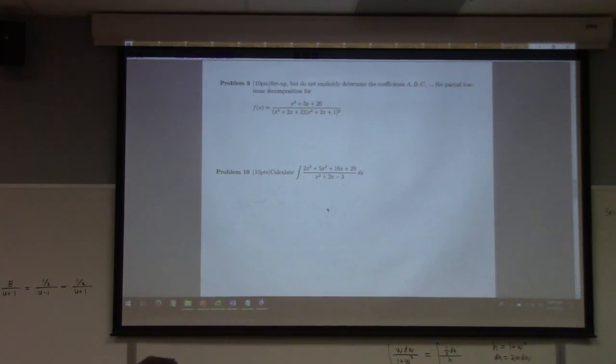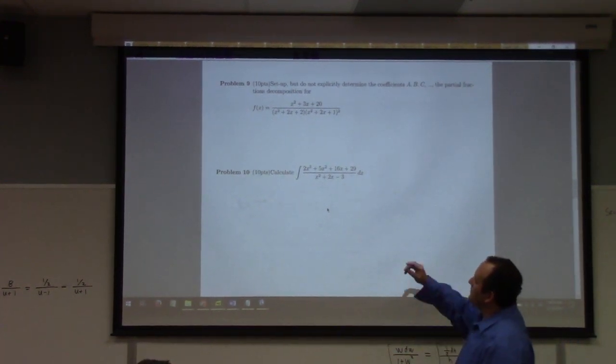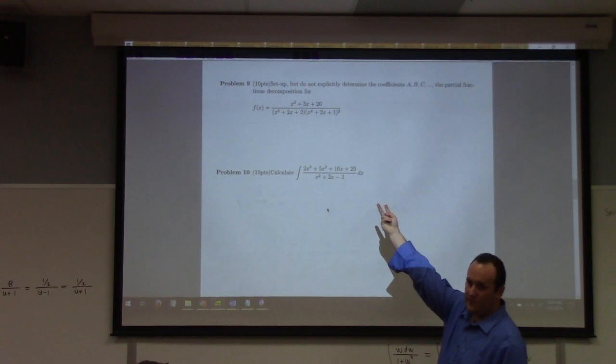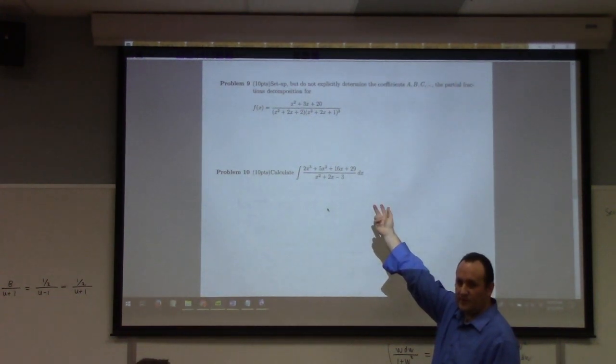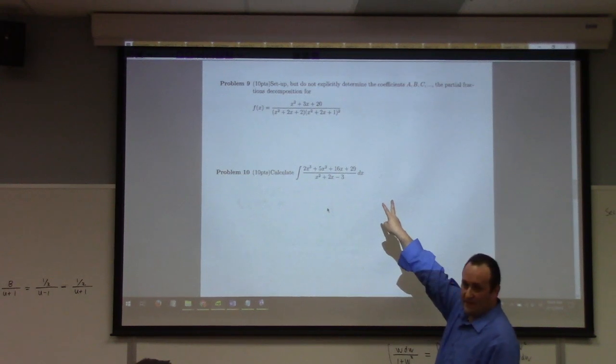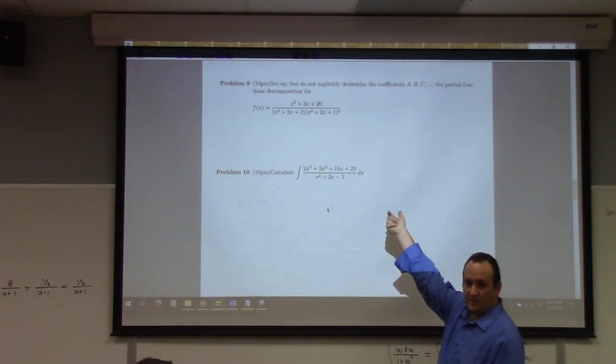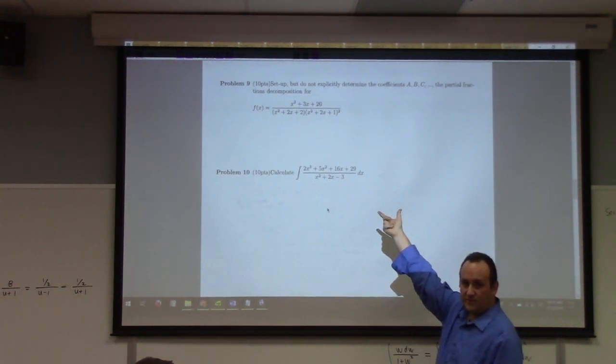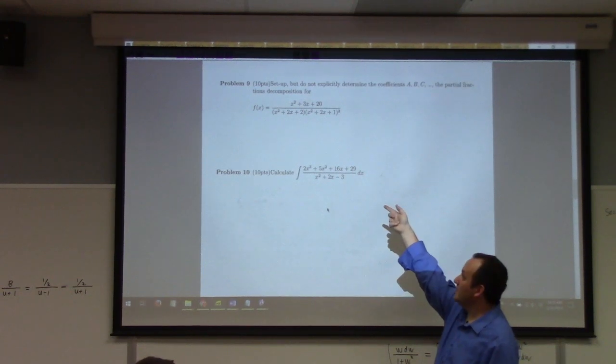Here we got, so what are we looking at? If you complete the square, you've got x plus 1 squared plus 1. So the first thing is irreducible. The second one is what? That's x plus 1 squared, so that's actually x plus 1 to the 4th power.